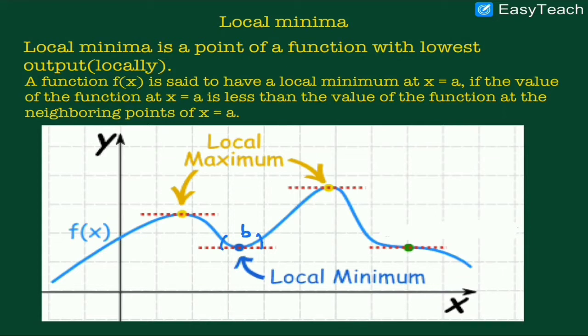Therefore the bracket around b represents the neighboring points of b. We can easily see that the value of f(b) is less than the value of f(x) at the neighborhood points of b. So here f(b) is less than f(x). Therefore the point b is called the point of local minima.